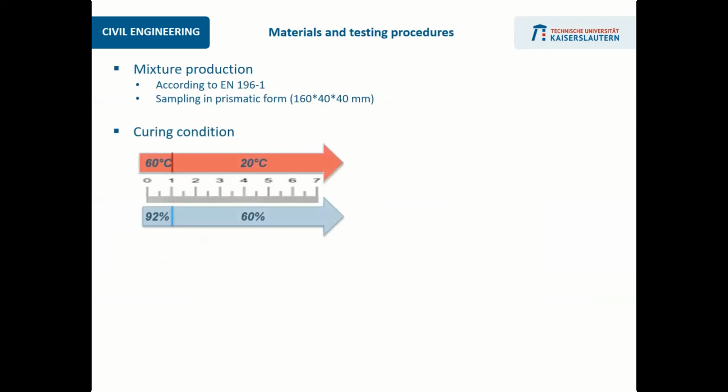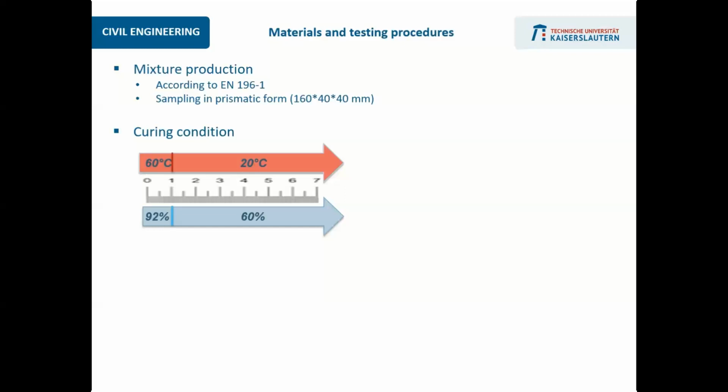As I mentioned before, the mixtures were provided according to EN 196-1 and the samples were produced in prismatic form. After the production of the mortar specimens, I cured them for 24 hours at 60 degrees centigrade and 92% humidity.